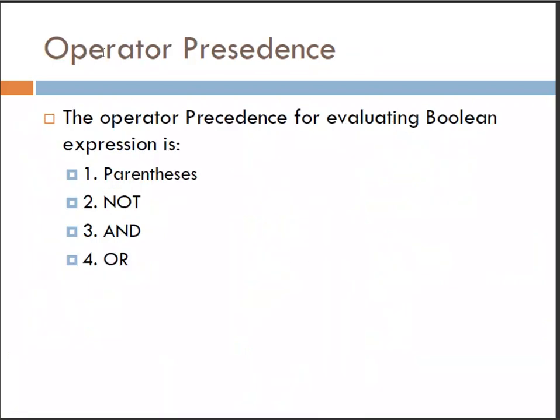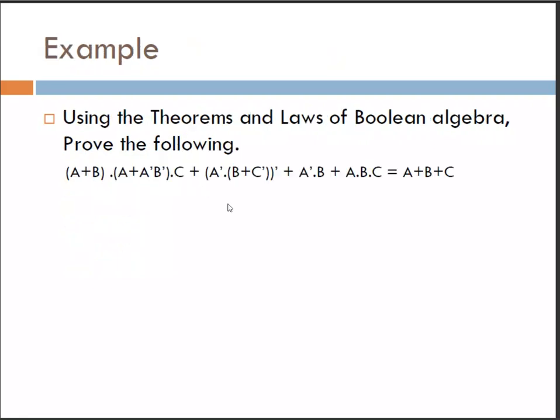Okay, so what about operator precedence? The operator precedence for evaluating Boolean expressions is: first, with the highest priority, parentheses; the second is NOT; the third is AND; and the last is OR. Operator precedence will help us to evaluate a Boolean expression.